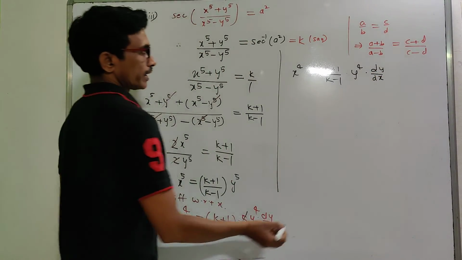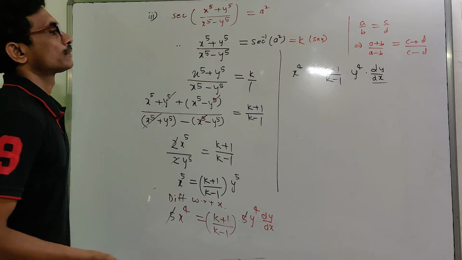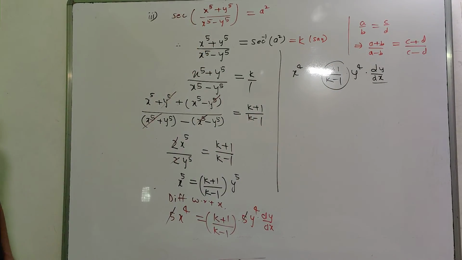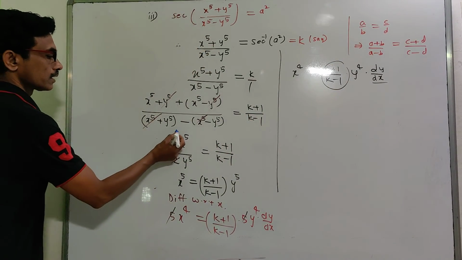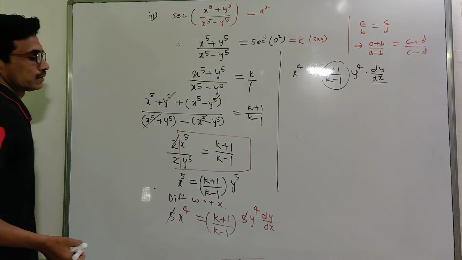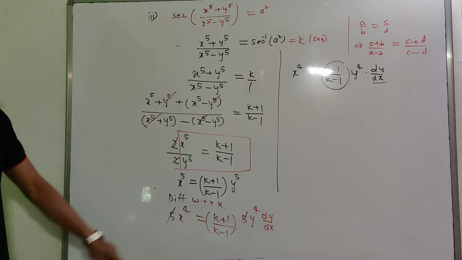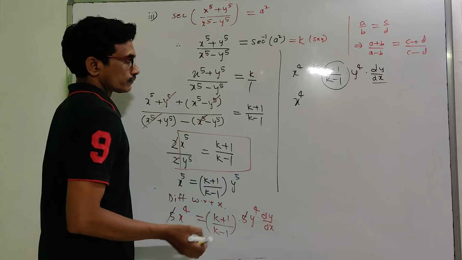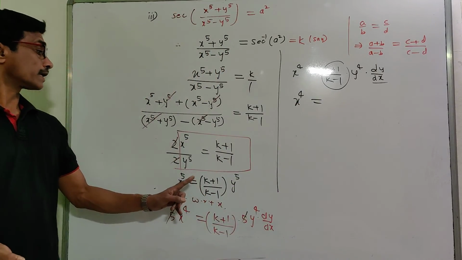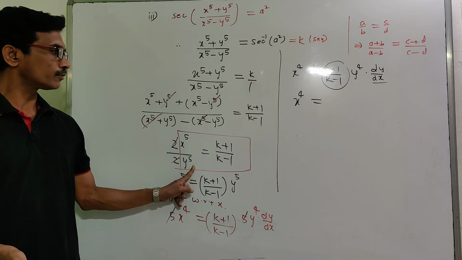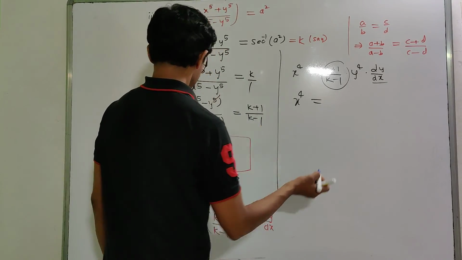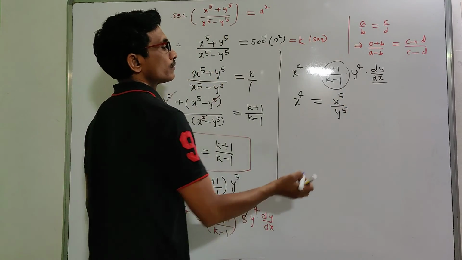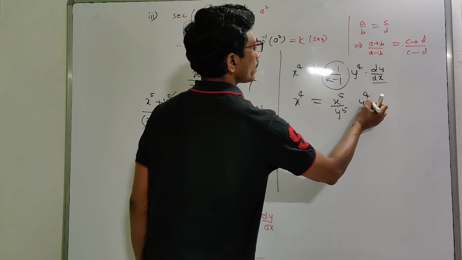Now we want to find dy/dx. Here (k + 1)/(k - 1) is equal to x^5/y^5, so we substitute that here. x^4 = (x^5/y^5) y^4 dy/dx.